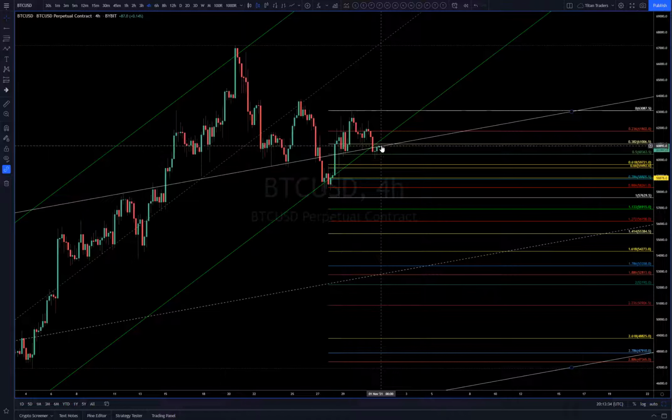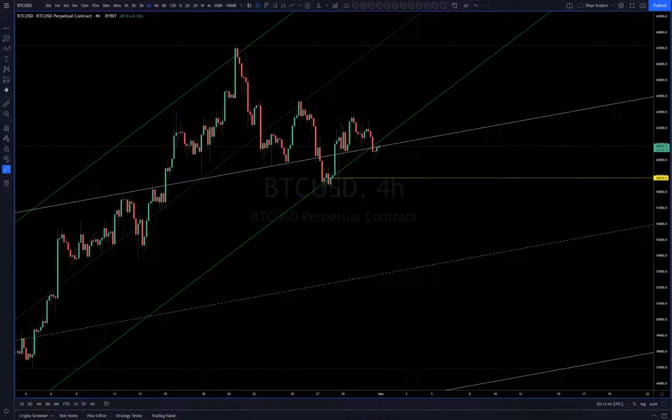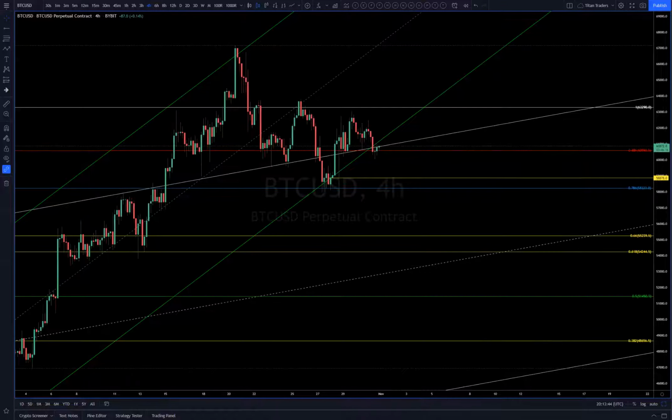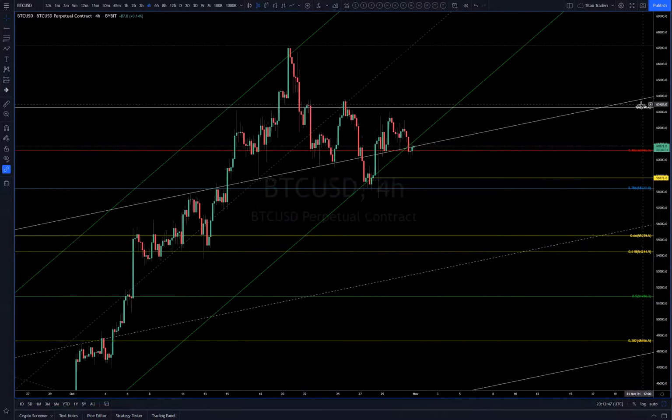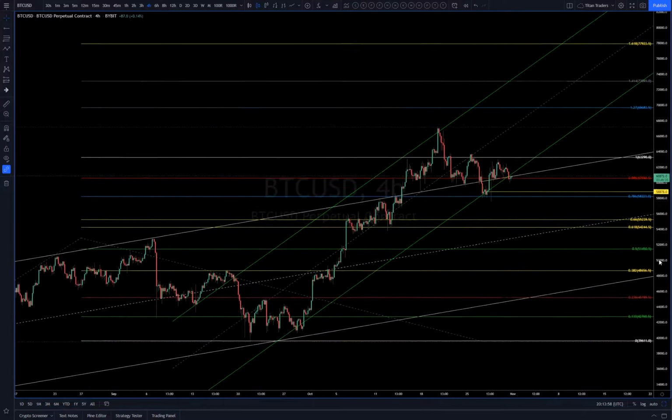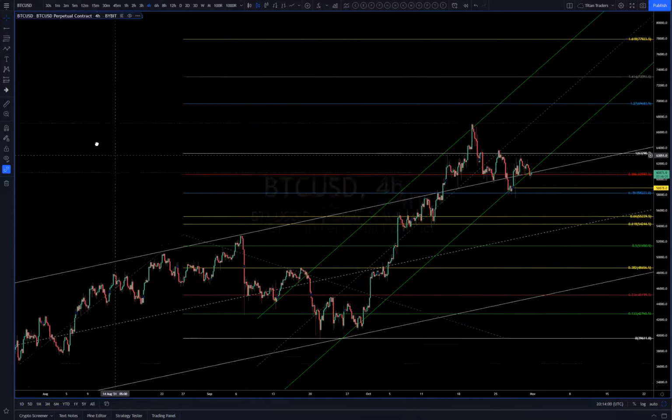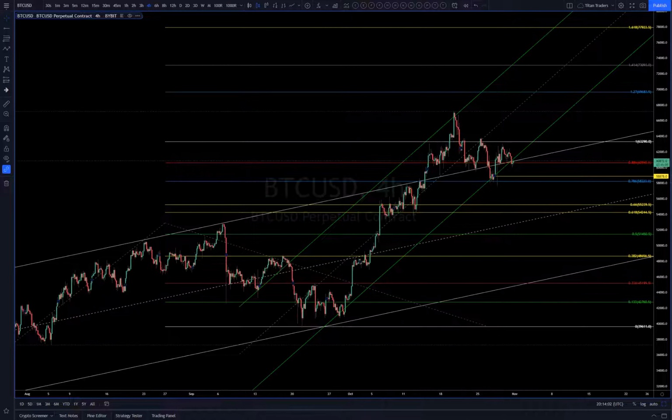At that point, if we start to lose the local 618, I'll be thinking about it, and I'll be looking at the bigger term fib that I've pulled. And again, at that level, I'd want to target the lower areas. Okay, but that's just my opinion, and that is how I'm looking at it from a bigger scale for Bitcoin.